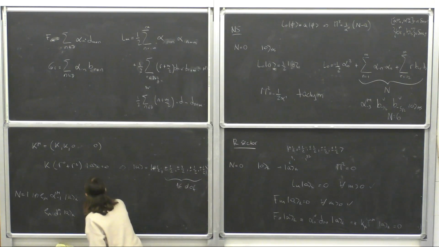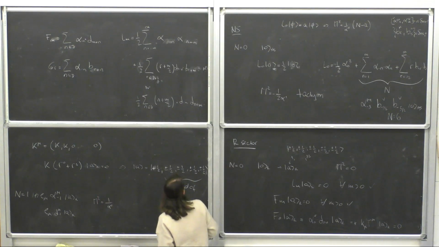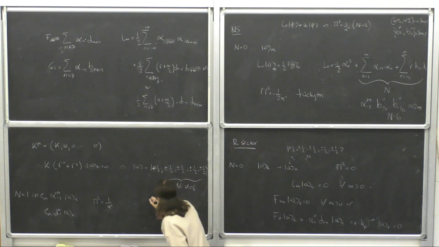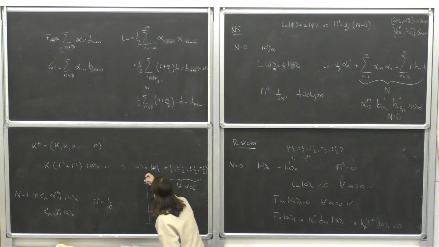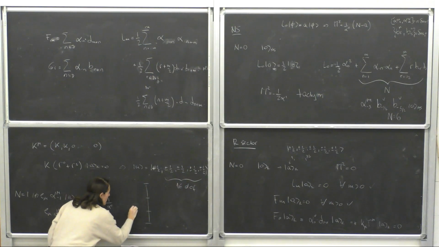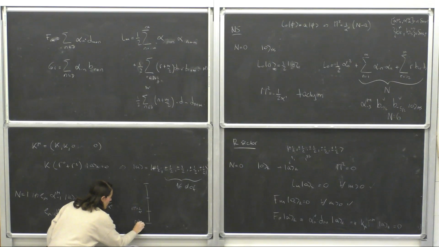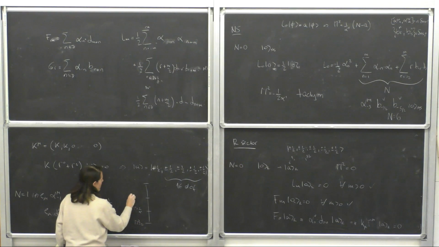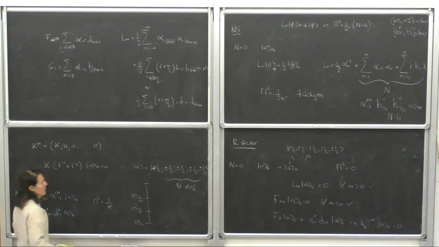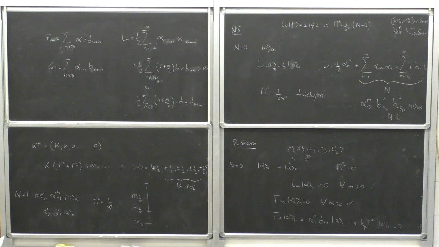And this has m squared equals 1 over alpha prime. It has n equals 1 and A is equal to 0. So in the Ramon sector, we get a tower of states, but the space between states is twice the other, and it starts at m squared equals 0.